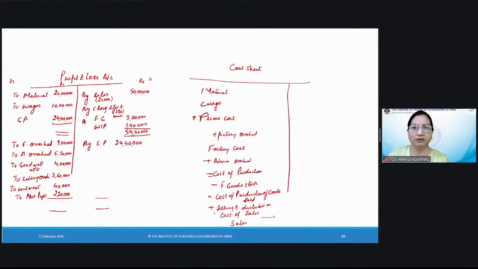Let's start with the cost sheet. So material is 20 lakhs, wages are 10 lakhs, prime cost is 30 lakhs.